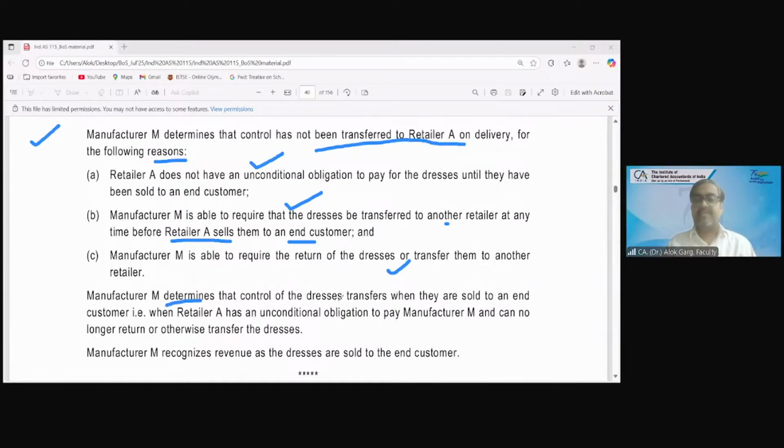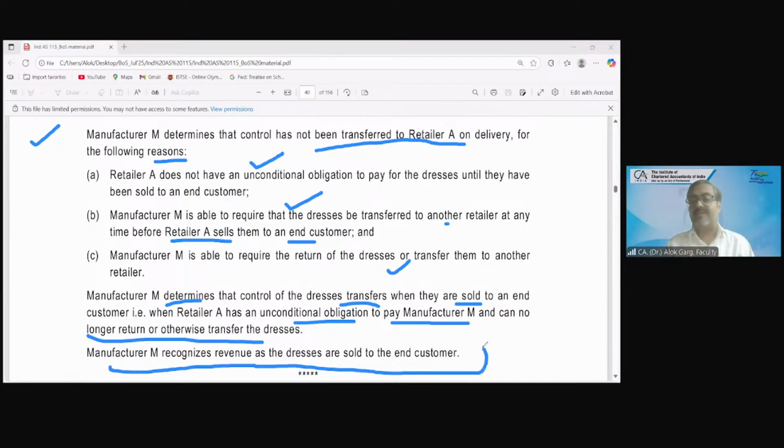Manufacturer M determines that the control of the dresses transfers when they are sold to an end customer. That is, when retailer A has an unconditional obligation to manufacturer M and can no longer return or otherwise transfer the dresses. Manufacturer M recognizes revenue as the dresses are sold to the end customer. Exactly what you guys are telling, right? So when the goods are sold to the end customer, then we can say that control has been transferred.